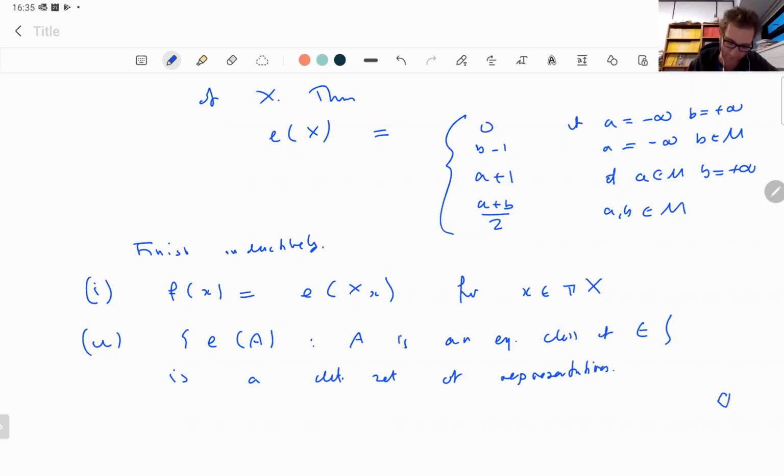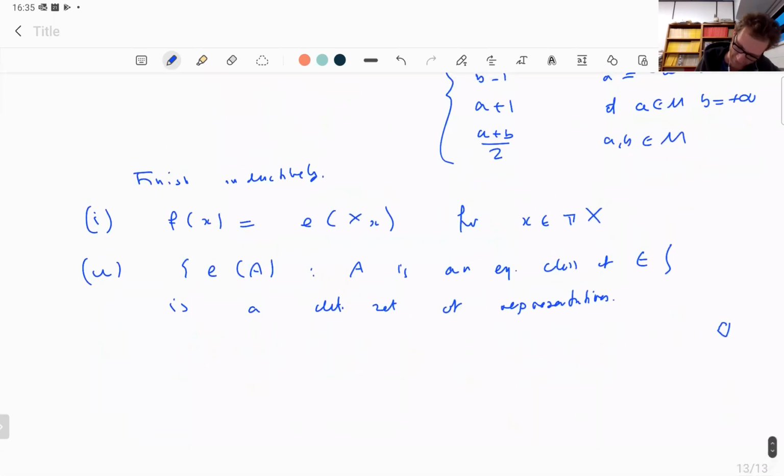Okay, and then using this choice, we can prove a useful result called curve selection. So this is curve selection.